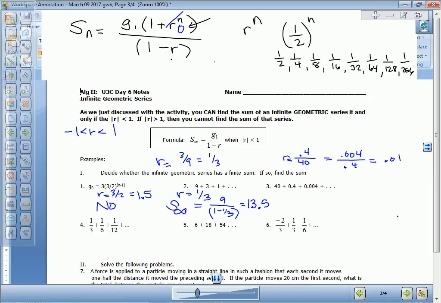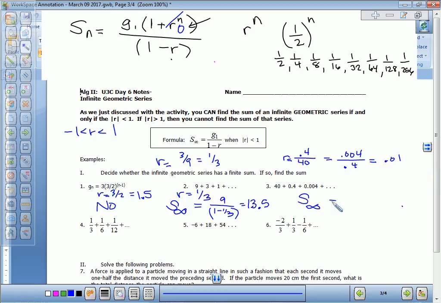Okay, so the ratio for this one is 100. So you can find the sum. The sum is the first term over 1 minus the ratio. Now, this last answer was a terminating decimal. If it's a terminating decimal, you can write it as a decimal. But this one is not terminating, so I would like you to leave your answer in exact form as a fraction.